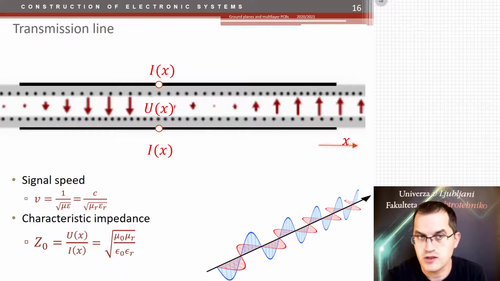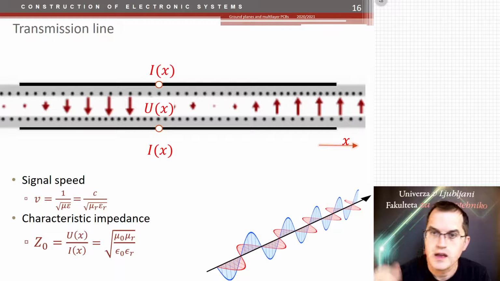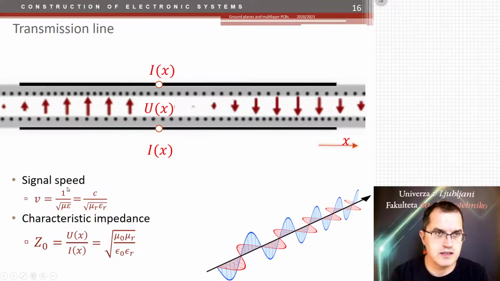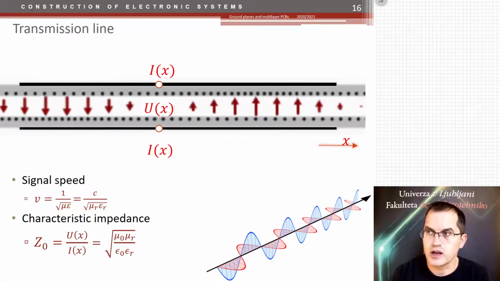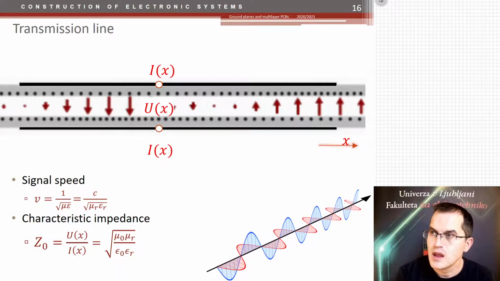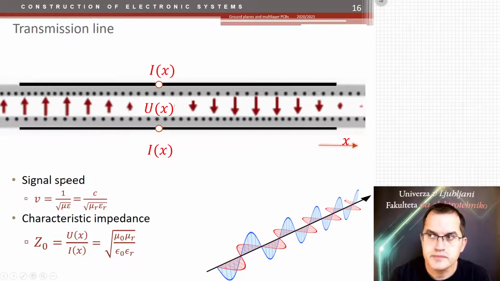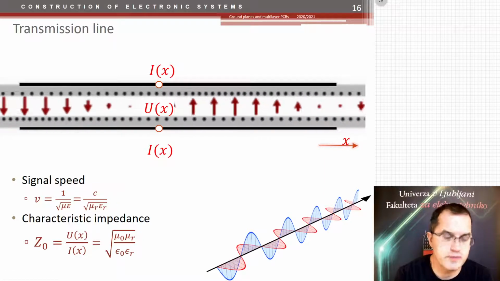Each high frequency signal can be represented in the form of an electromagnetic wave, and that wave propagates through that line. So it changes intensity, it changes direction, the current flows back and forth, and all that is an electromagnetic wave on a transmission line.